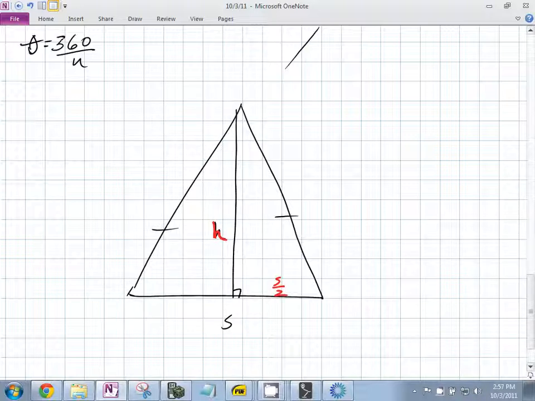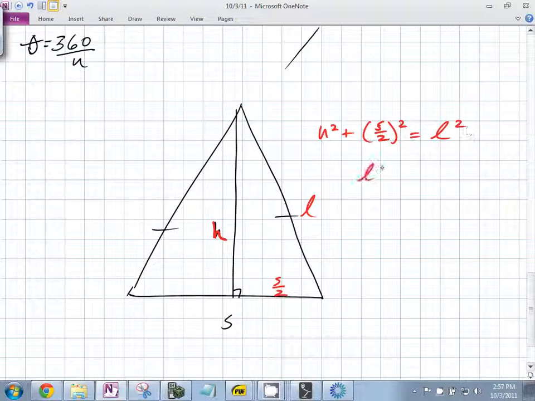Pythagorean theorem. You could have h squared plus s over 2 squared is equal to, what do we want to call this length? L. L squared. So what is L equal to? The square root of h squared plus s over 2 squared.